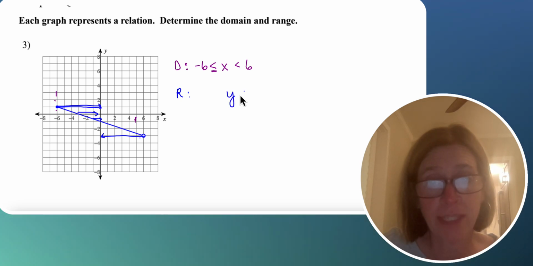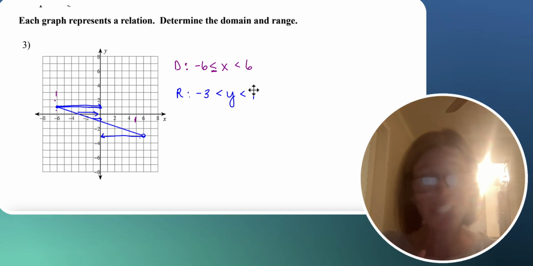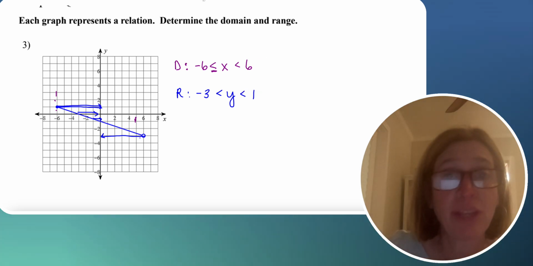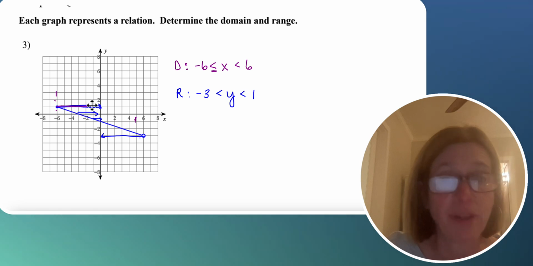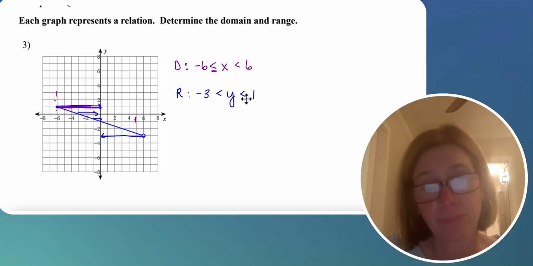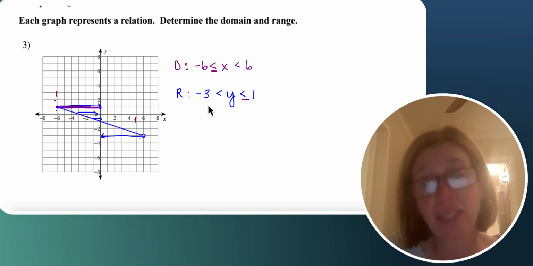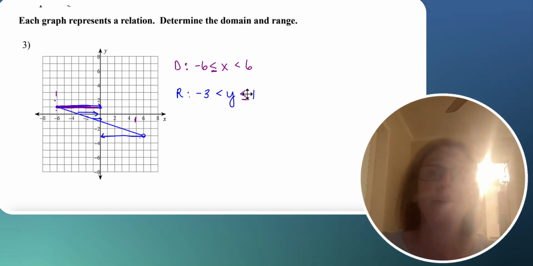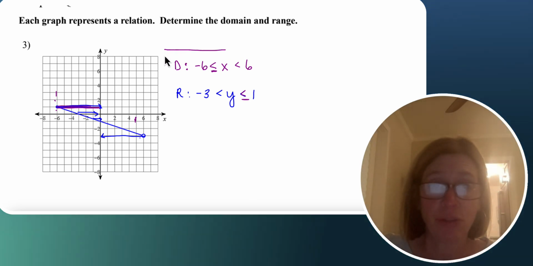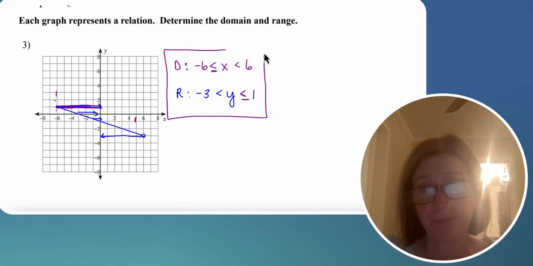So I want y's between -3 and 1, always going from least to greatest. And then I look at the ends. 1 is going to be included, and -3 is not going to be included. So we're going to have less than or equal to along the one side. And that would be your domain and your range.